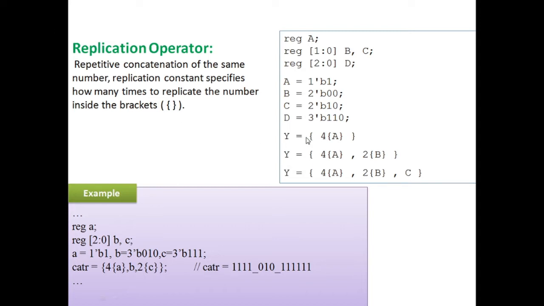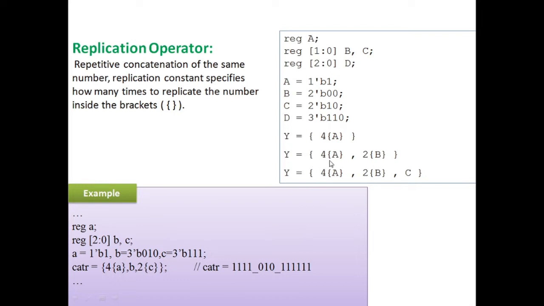Here I am having a register a, 1-bit binary 1, and registers b and c, which are 2-bit quantities, 2-bit binary 00 and 2-bit binary 10. Let me take an example, y equal to {4{a}}. That means I am replicating a 4 times, so I get y equal to 4-bit binary 1111 as the output.